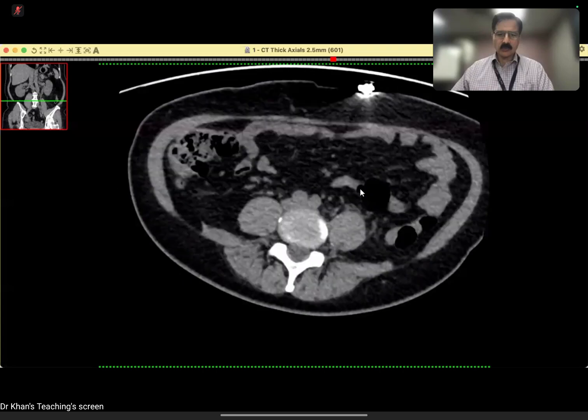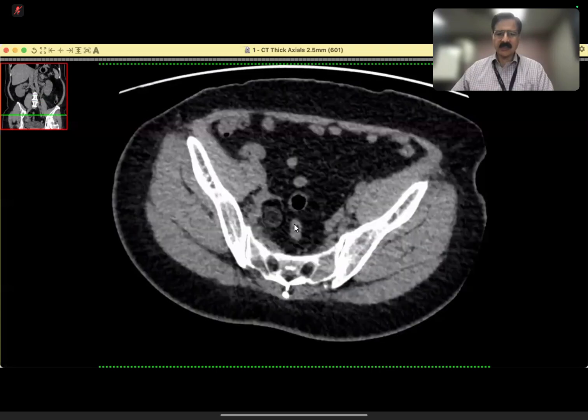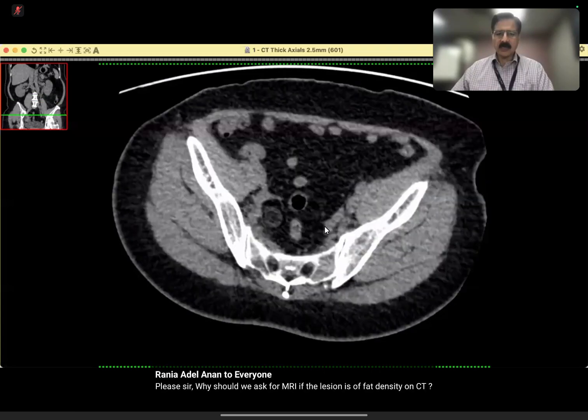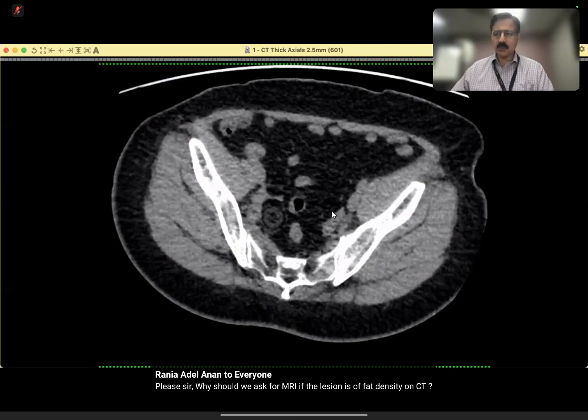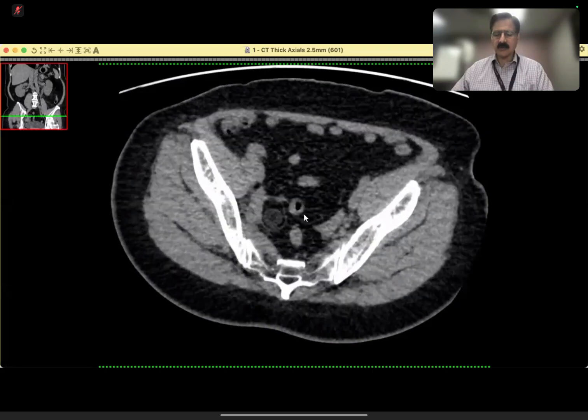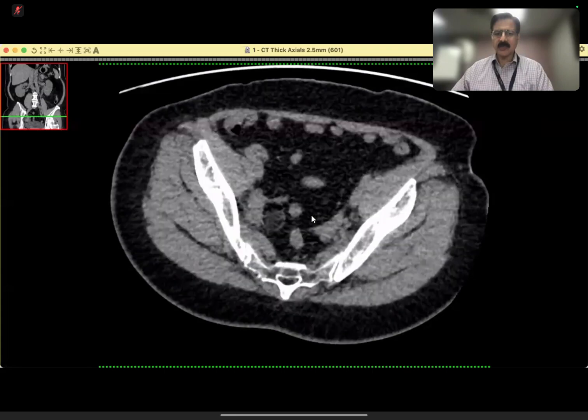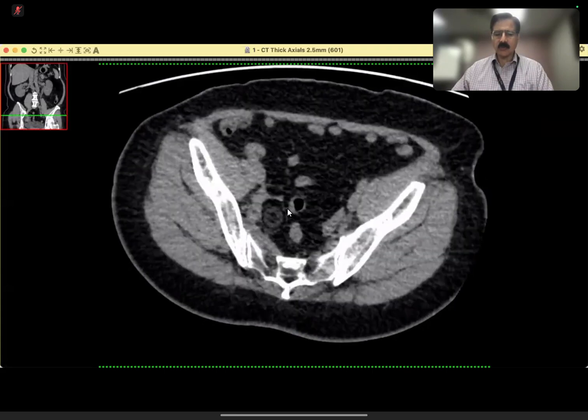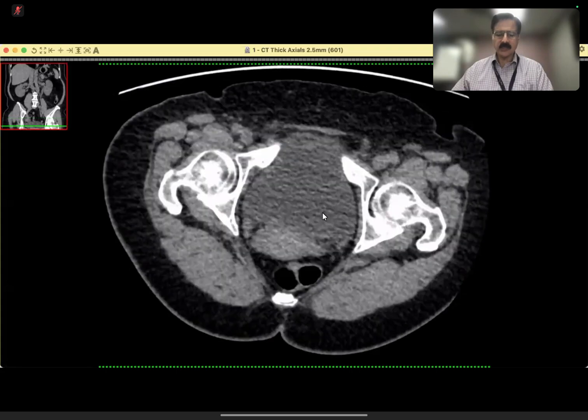And this was very well picked up, a fat containing lesion. Now, just on this, you can never be sure that this is fat. You should have asked for densities. You cannot tell air versus fat just by eyeballing it.